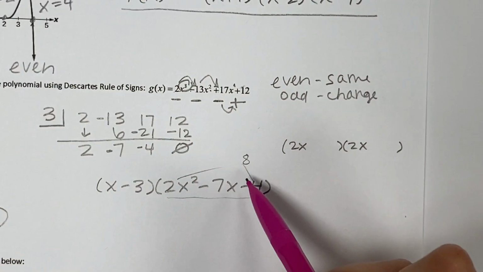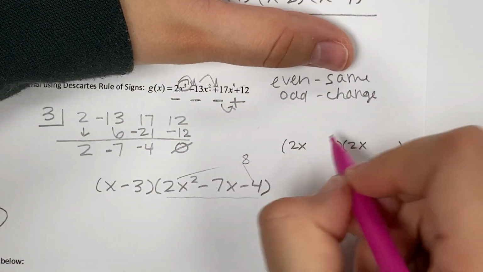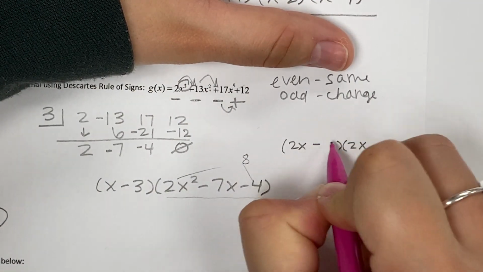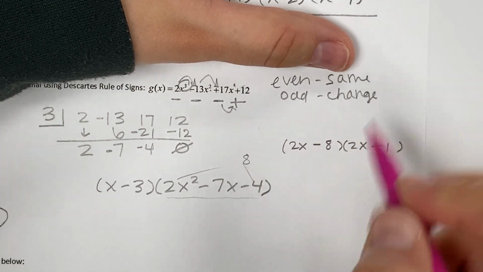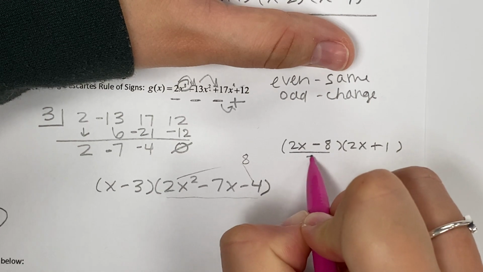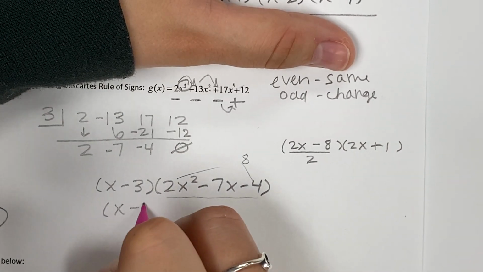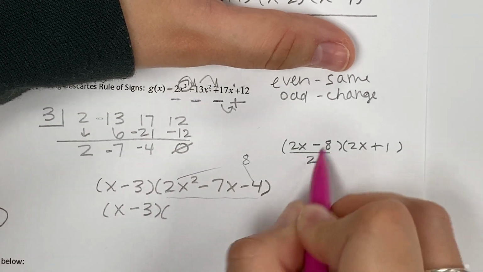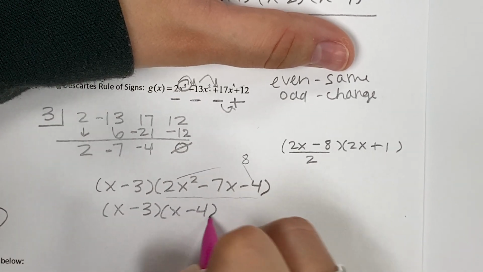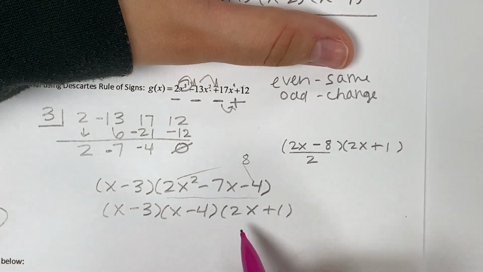So what multiplies to 8 but adds to negative 7, that'll be 8 and 1. So negative 8 plus 1 will give you negative 7. Okay, this one can be divided by 2. This one cannot. So x minus 3, this will be x minus 4, and 2x plus 1. So now we have it fully factored.